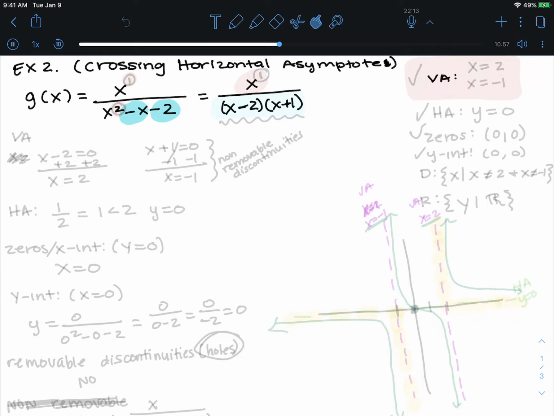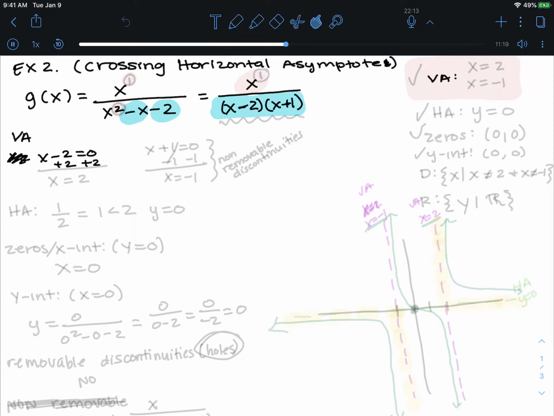I'm going to have two vertical asymptotes because I have two factors in my denominator that were not canceled out in the numerator with anything. So for my vertical asymptote, I'm going to have x minus 2 equal to 0, x plus 1 equal to 0.